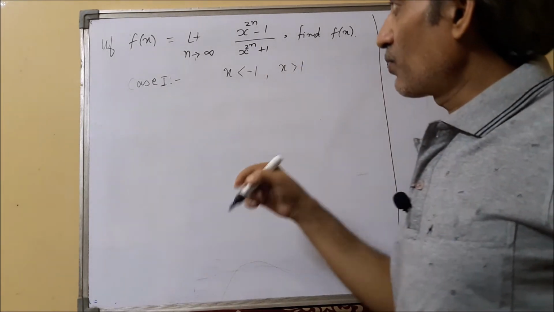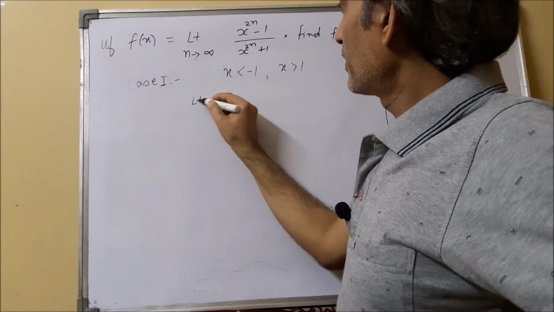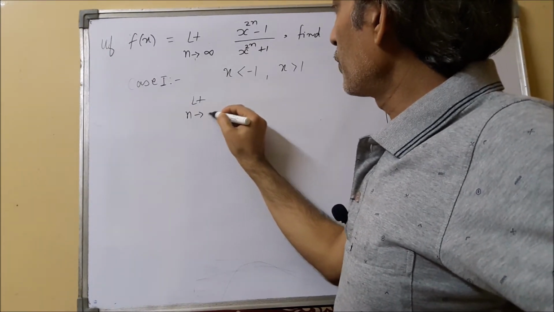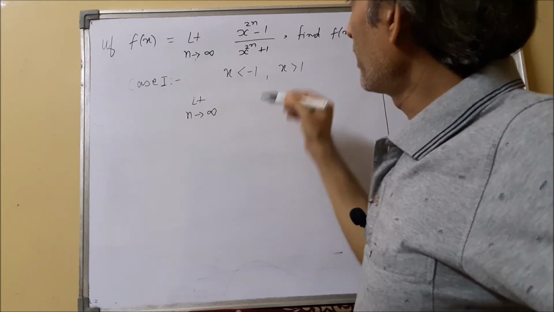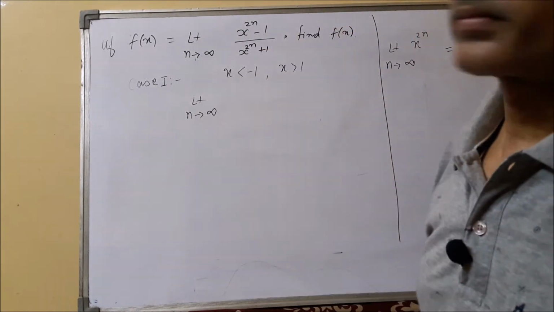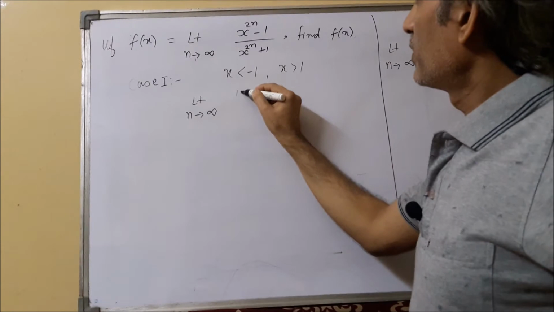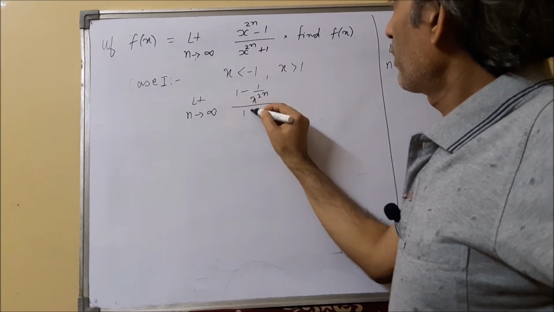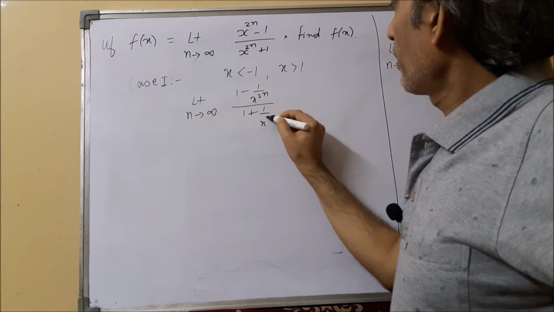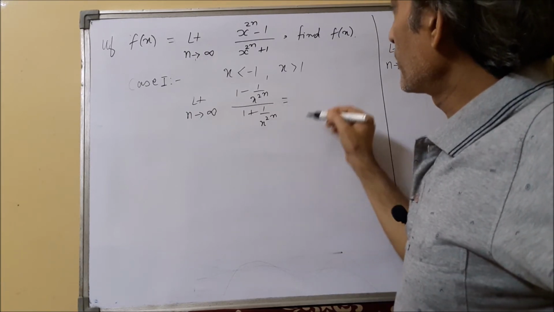So in this case what we will do is, limit n approaching to infinity, we will divide numerator as well as denominator by x raised to the power 2n. Now put the limits.